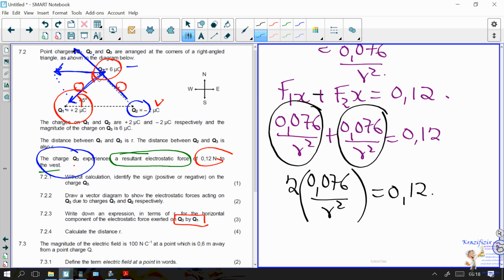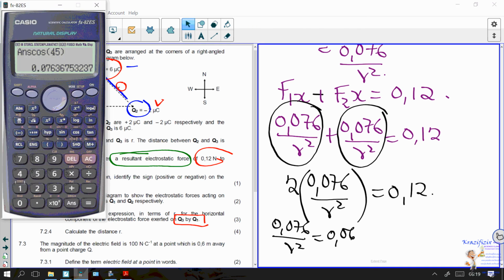Okay, running out of space now. What do we need to do here? I think we can just manage this small space. It's just the math that we need to do now. We can divide both sides by 2, and I'm going to manage the space because I don't want to leave the screen. 0,076 over R squared now should give me 0,06, because if you divide both sides by 2, your 0,12 divided by 2 will give you 0,06.